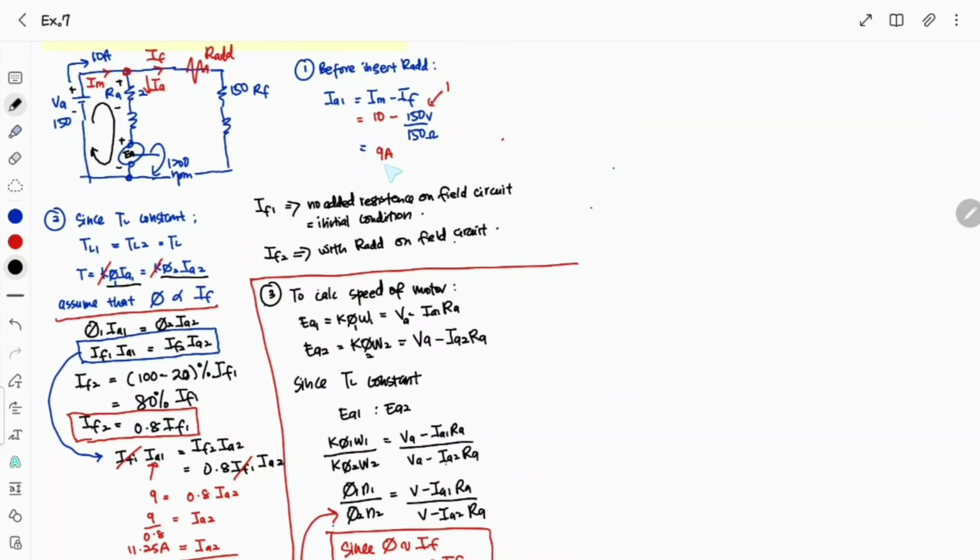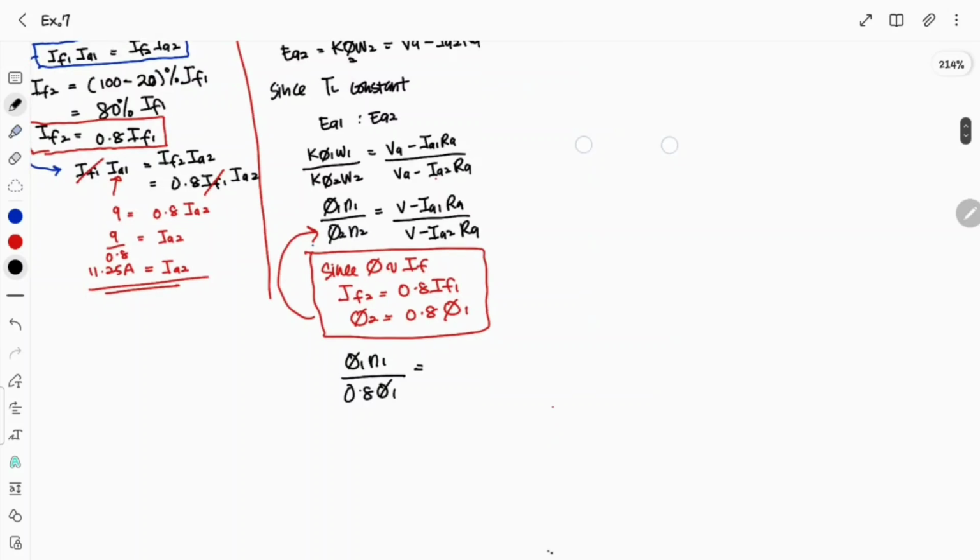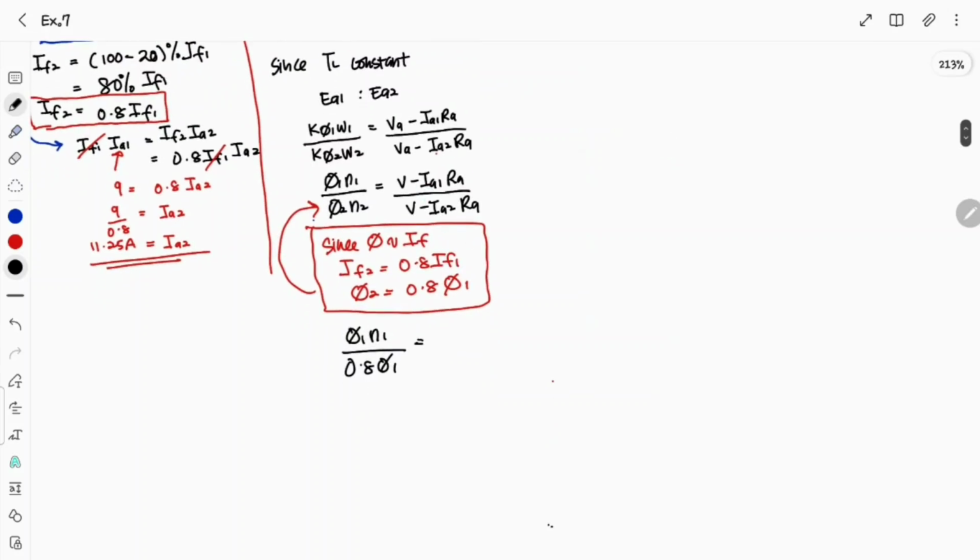We have 9 ampere for IA1 and 11.25 ampere for IA2, so you can just straight away fill up the parameter values. So it's 150 minus 9 times 2 over 150 minus 11.25, which is IA2, times 2 ohm.